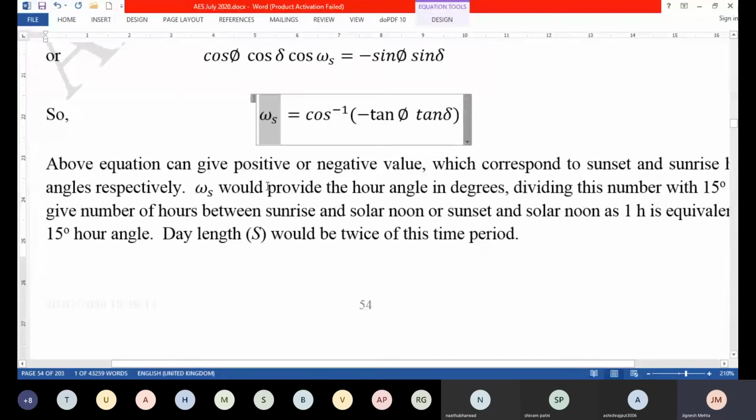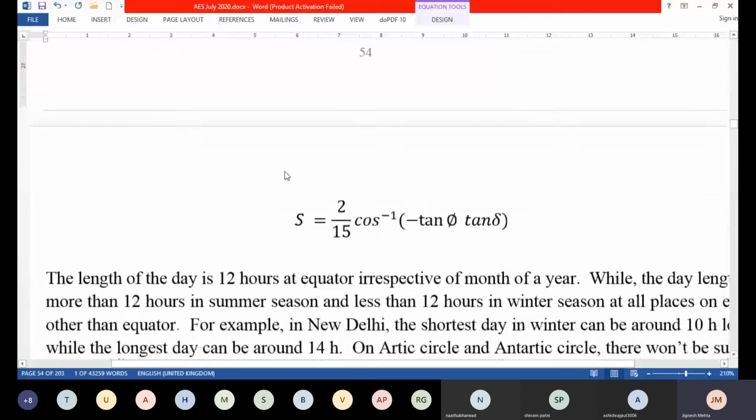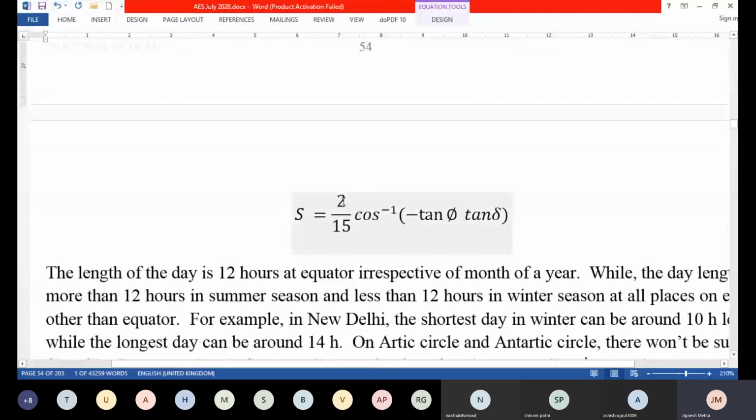And then if you multiply it by 2, you will get the day length. So this is how you get the day length. The day length, capital S, is 2 over 15 times this cos inverse of minus tan phi tan delta. It's nothing but the hour angle, and you have divided it by 15 degrees. You may put degrees here because cos inverse is an angle, right, in degrees.